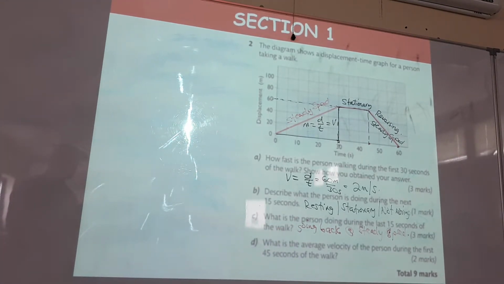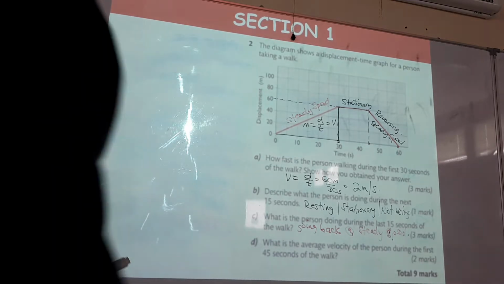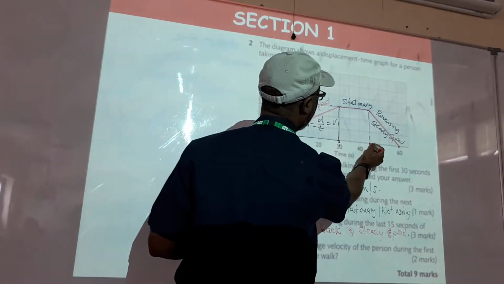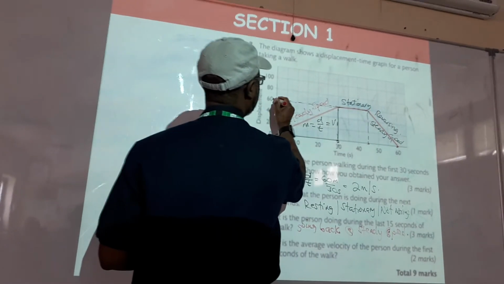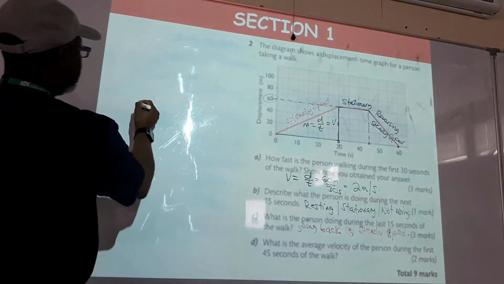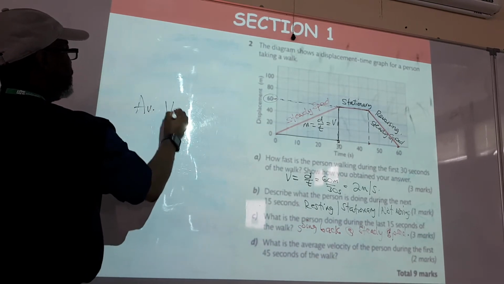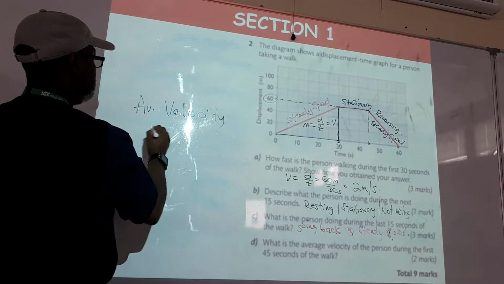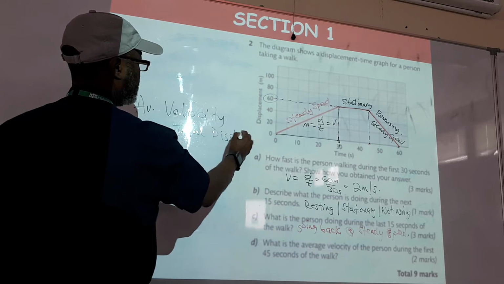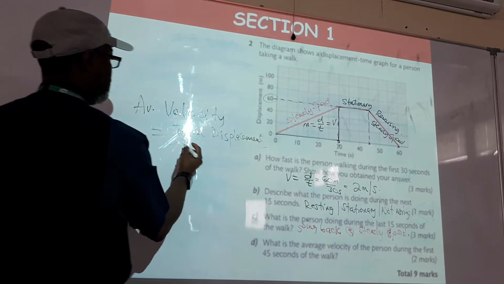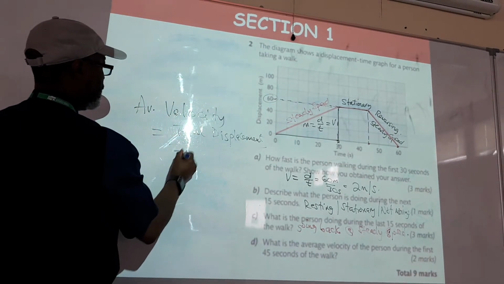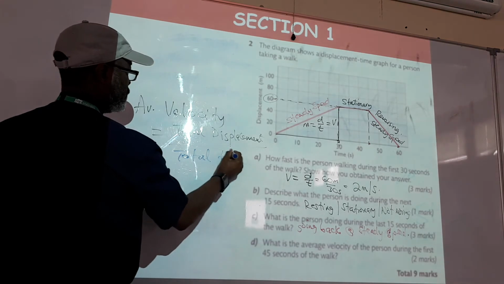What is the average velocity of the person during the first 45 seconds of the walk? Now, the first 45 seconds is from here to here. If we trace it up, the total distance covered in that time is 60 meters. So you say the average velocity should be equal to total displacement over total time.